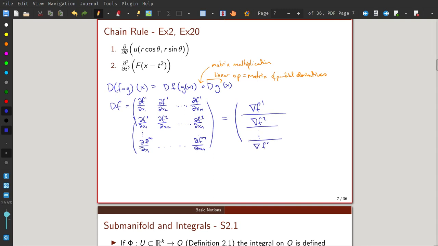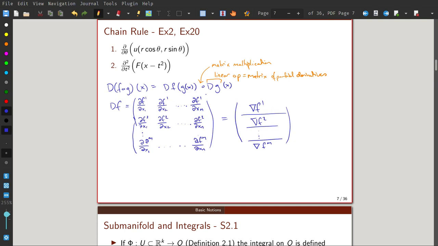And at the end, the gradient of fm. So the rows of the derivative matrix are the gradients of the components. All right. So that's the first part. That's what the derivative is. And then you would evaluate that at g of x and matrix multiply that by the same thing applied to g.